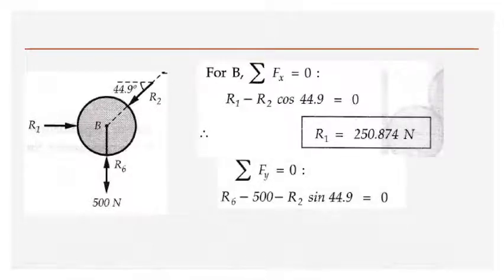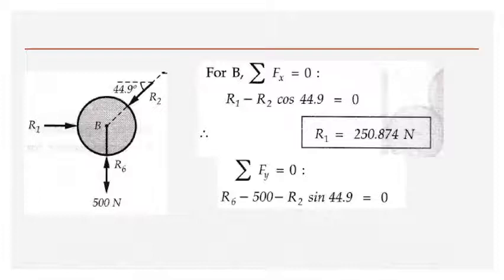So what are the vertical forces? R6 acts vertically upward, 500 Newton acts vertically downward, so R6 minus 500. R1 does not have any vertical component. The vertical component of R2 is acting vertically downwards, so minus R2 sin 44.9.